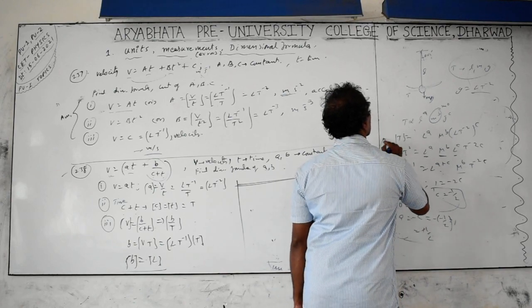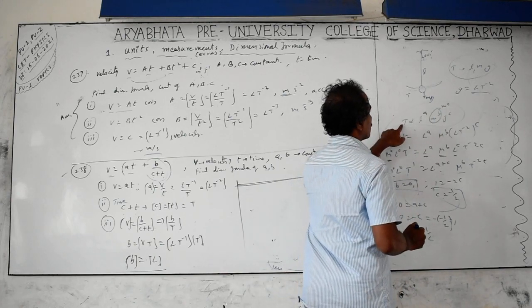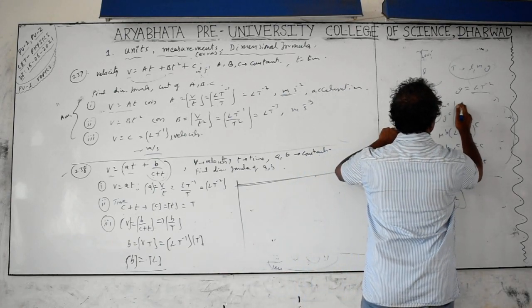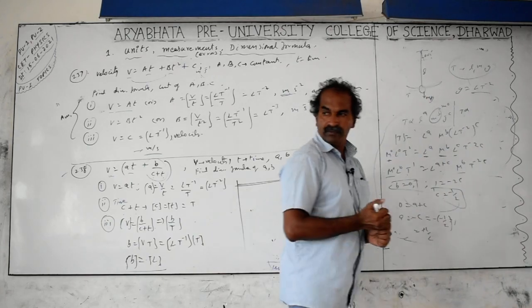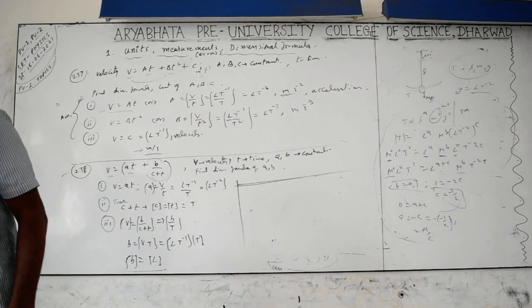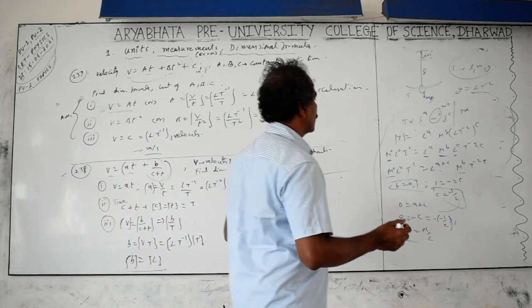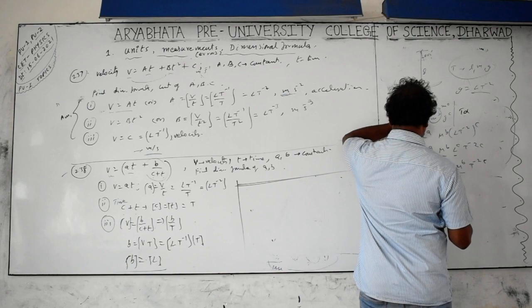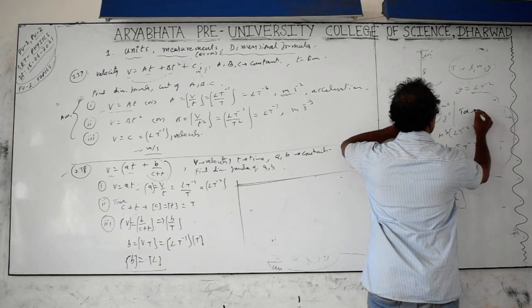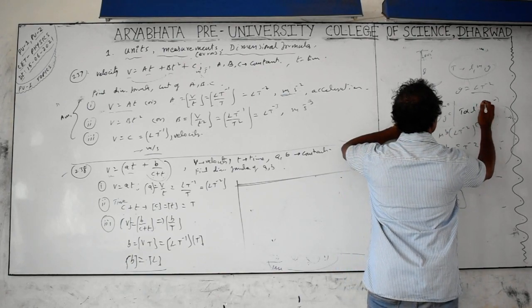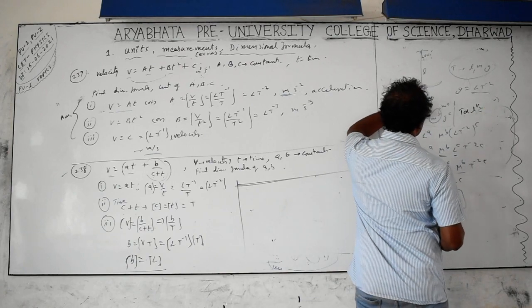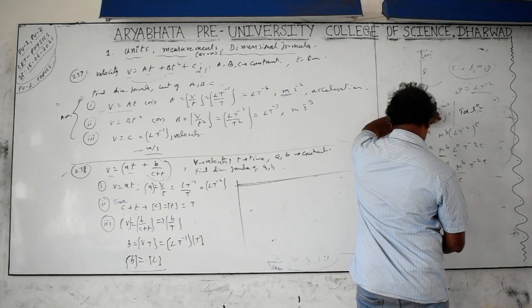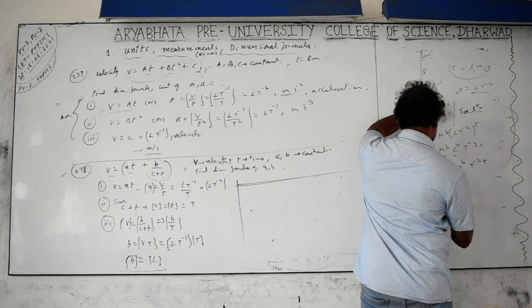That means the relation is this. T is proportional to L to the power of A, which is half, and half means root also we can take, and g to the power of C, which is minus half.